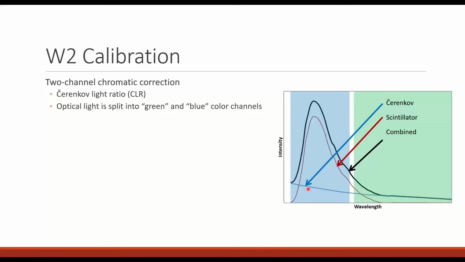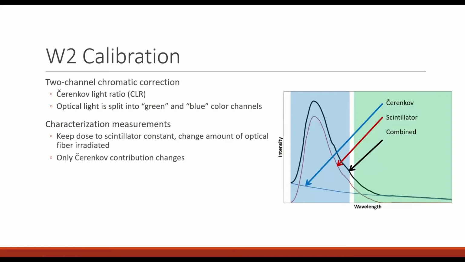And we can correct for the Cherenkov light contribution by calculating what's called the Cherenkov light ratio, or the CLR. To do this, the optical light is split into green and blue color channels, and then you take a set of characterization measurements. You keep the scintillator constant, but just change the amount of optical fiber that's irradiated. And when you change the amount of optical fiber irradiated, only the Cherenkov contribution changes.